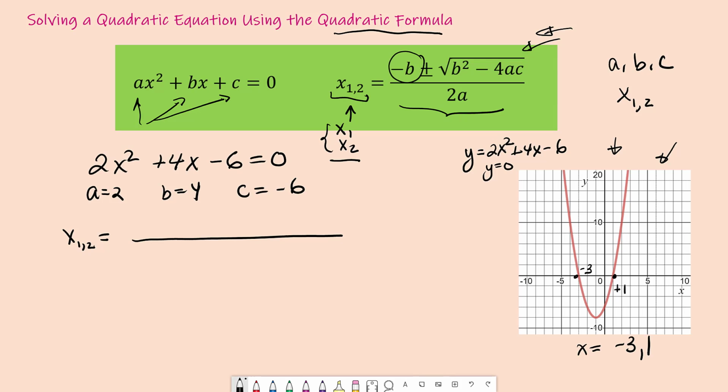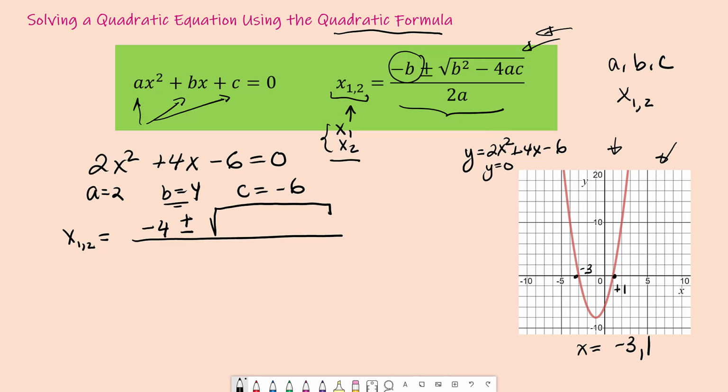So negative b is just negative 4 from right here. Then we have the plus minus sign. And why do we have plus minus? Because we're going to have two solutions. One solution will come from taking the plus sign of the square root, and the other will come from taking the negative sign. But initially we can write it together as just plus minus.